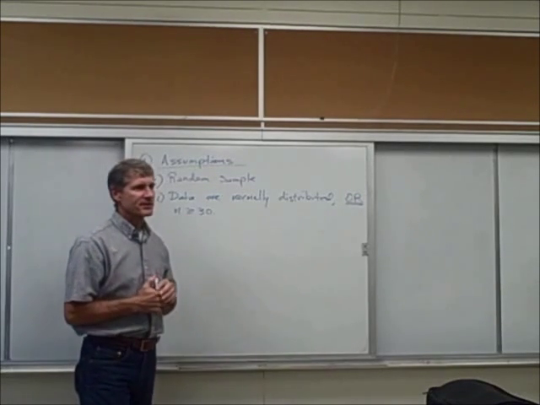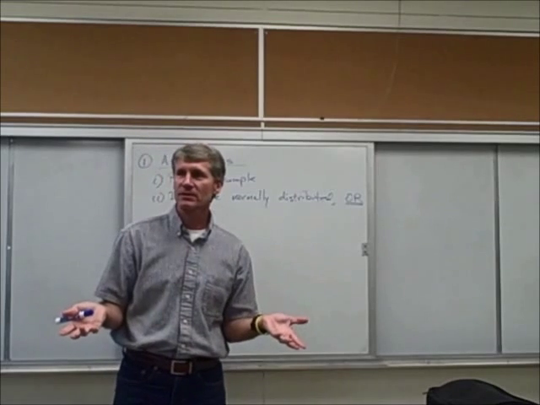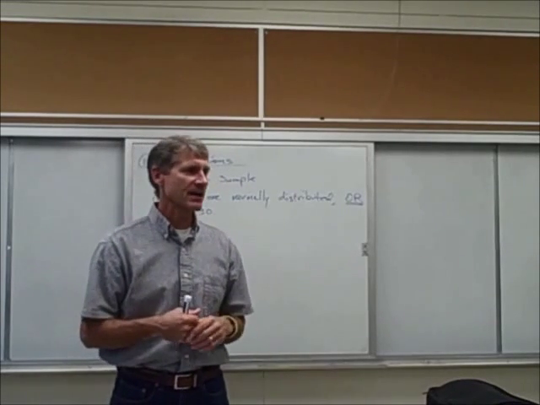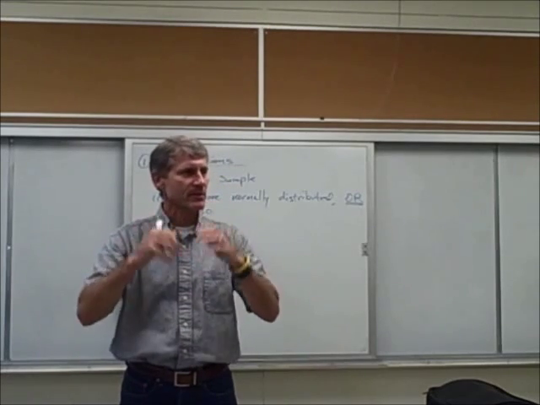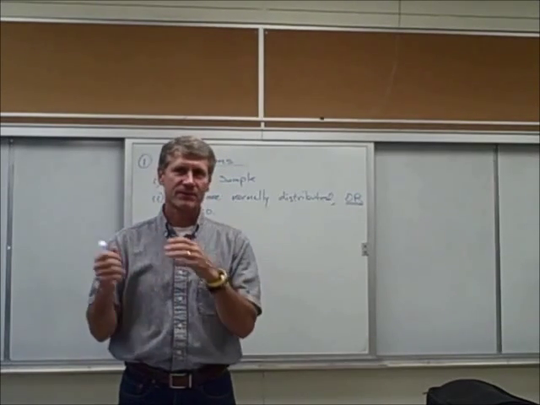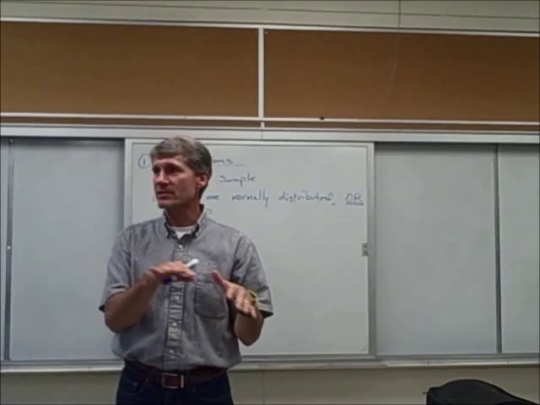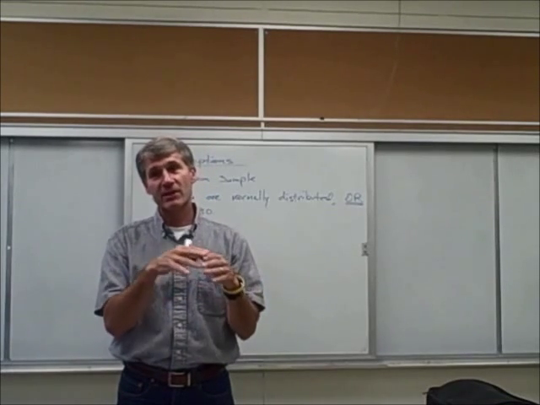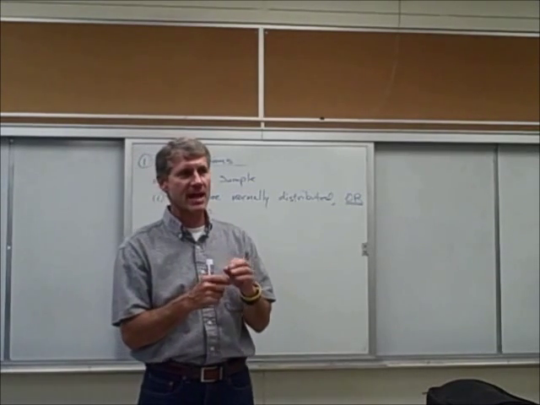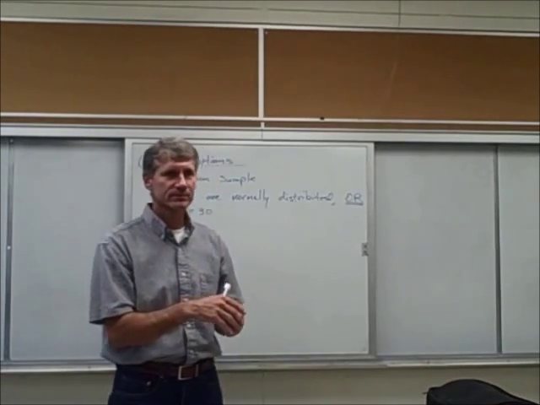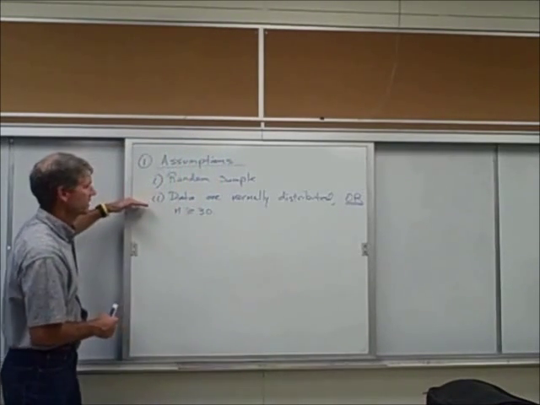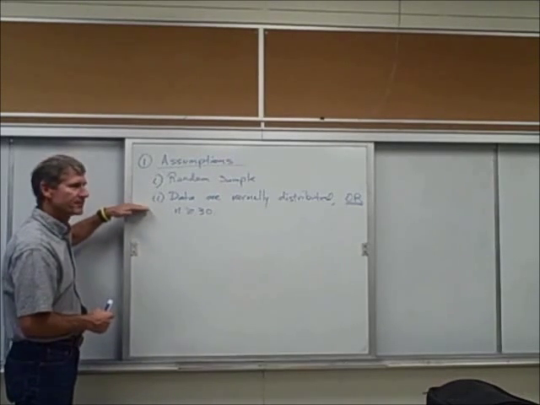If we're doing a hypothesis test about pulse, we can use samples of size 5 or samples of size 10 and not have to worry about it because pulse is normally distributed. But if we have something very skewed like our age distribution, then we better have at least 30 before we know that the sampling distribution of x bar is normal. Okay, so this is directly related to the central limit theorem.